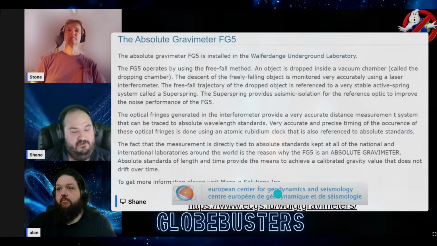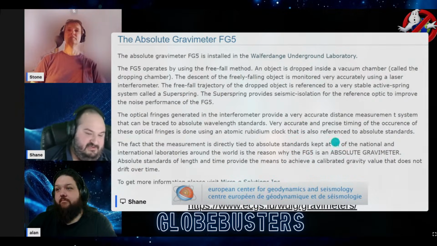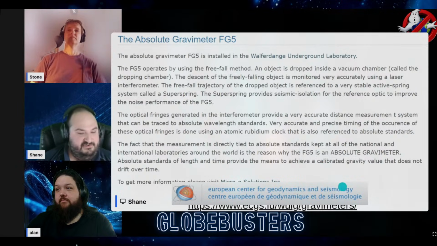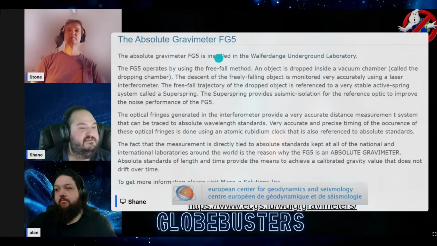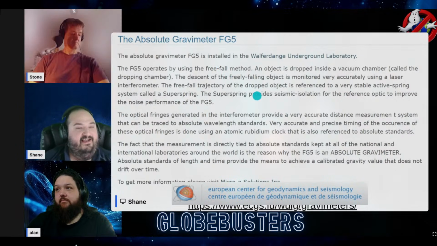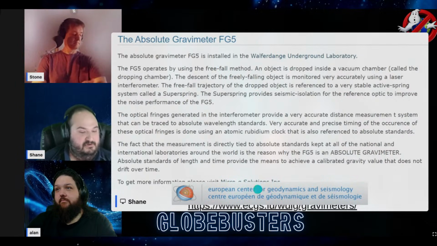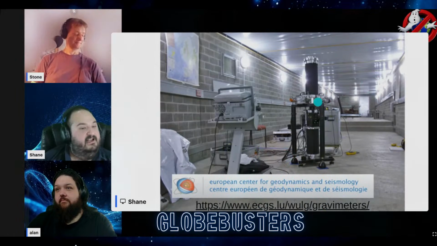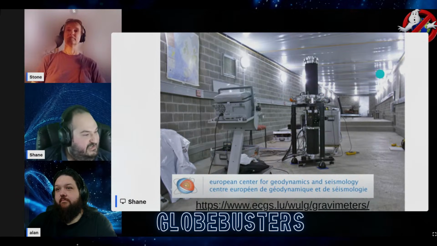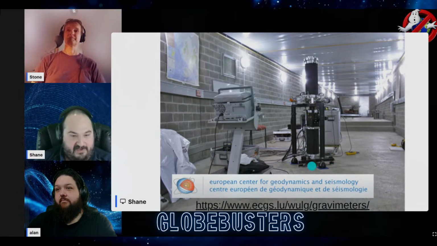So again, back to our friends at the ECGS, the European Center for Geodynamics and Seismology. We're going to look at what an absolute gravimeter looks like. This bad boy is called the FG5, and it's installed in the Wolferdane underground laboratory, which looks a lot like a school basement. But here's what it looks like in all its scientific rigor in the field and in practice.